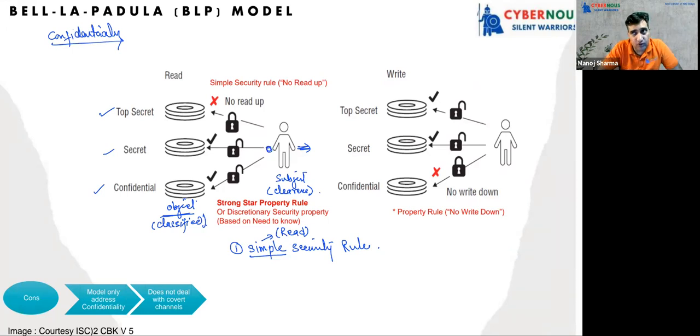And that holds very well, because in your company as well, if you go and read the data which is there for the leadership, there can be a lot of chaos in the company, right? Because you are accessing some information which is not supposed to be accessed by you. So that is purely a breach of confidentiality. So the first rule is called no read up. The second rule here is no write down.